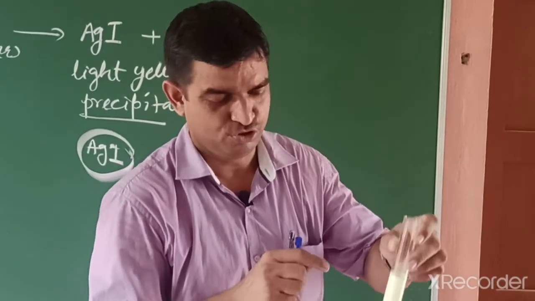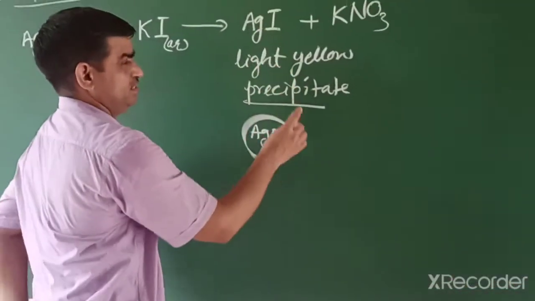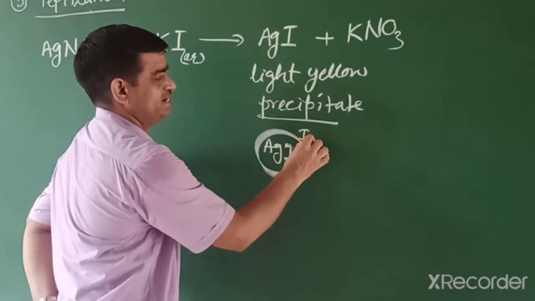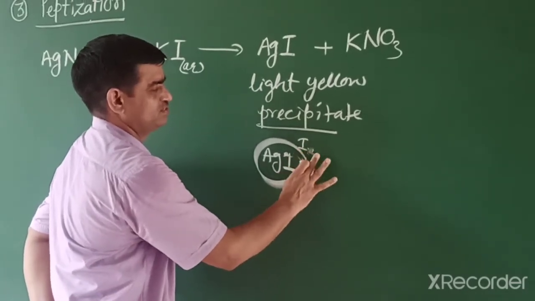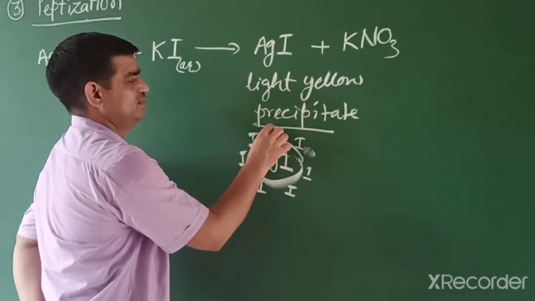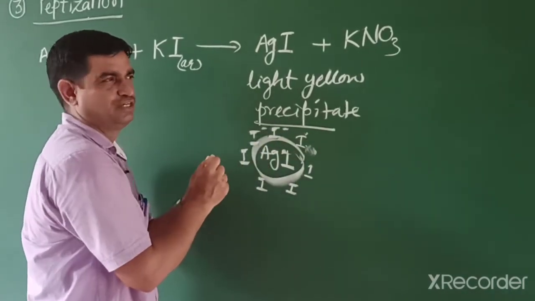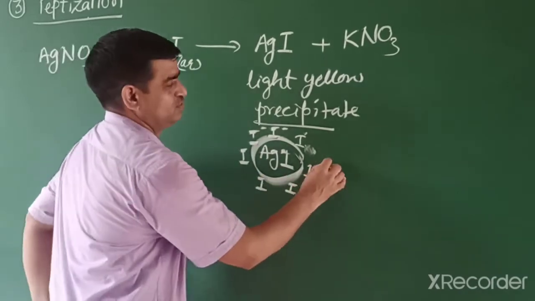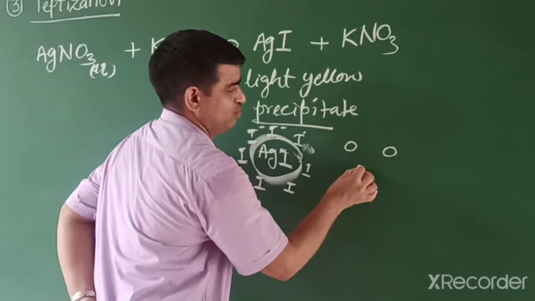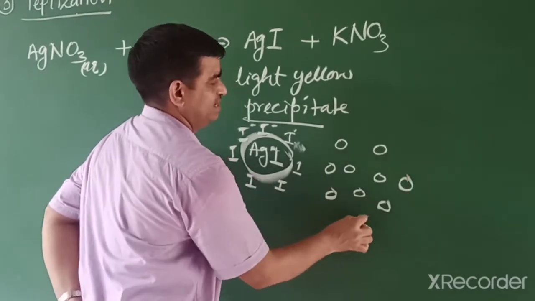We can show this on the board. What happens? The iodide ions occupy the surface. Due to the adsorption of iodide, there is mutual repulsion. Why? Due to the same charge. So it dissociates into small particles, meaning it converts into the colloidal range.